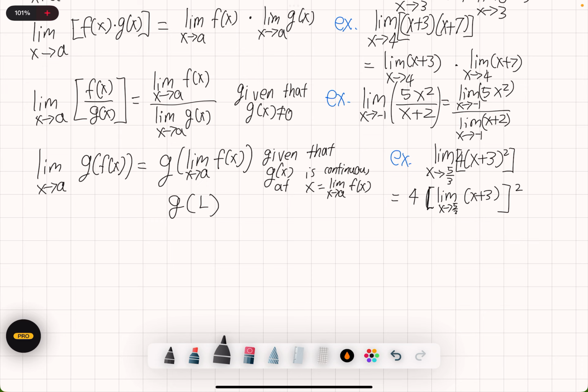Now here we don't see f of x or g of x, but we can pretend that we let f of x equal x plus 3 and g of x equals 4x squared.